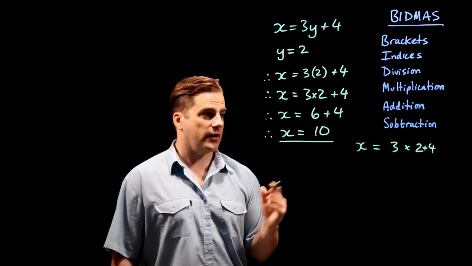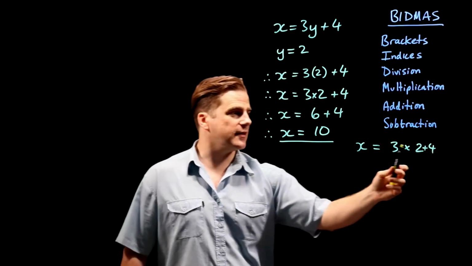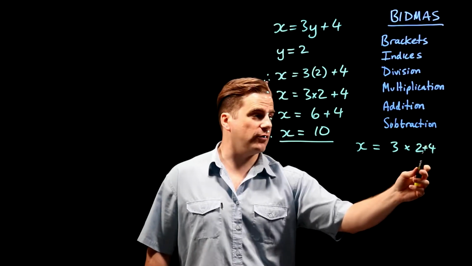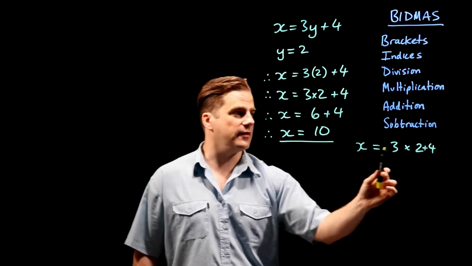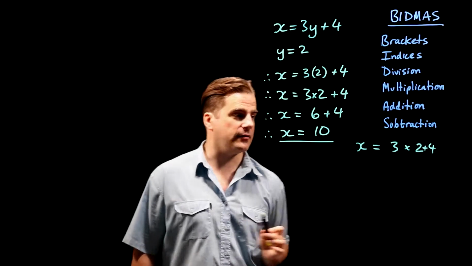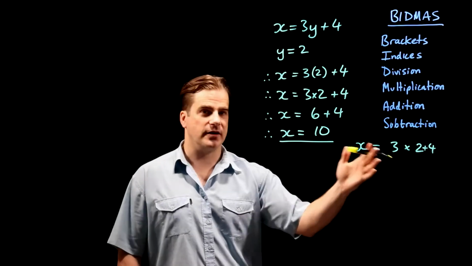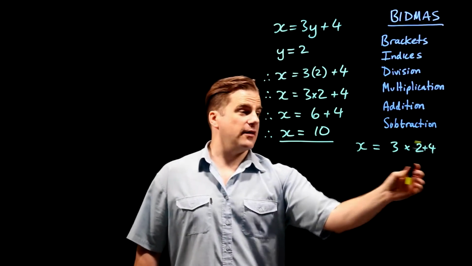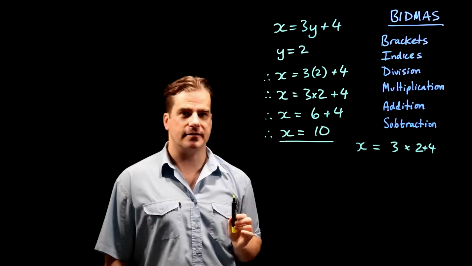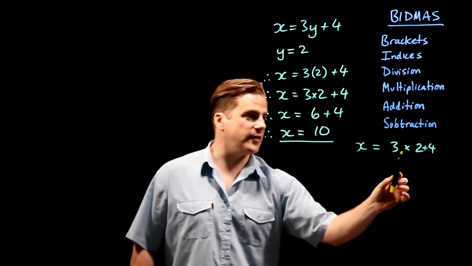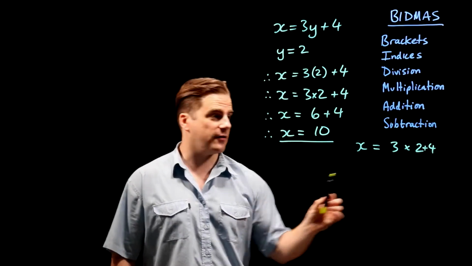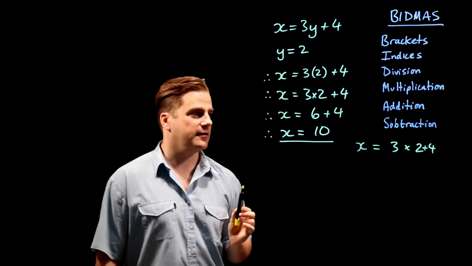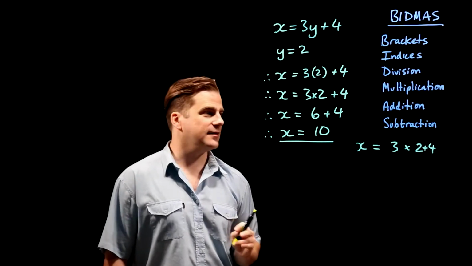What if it just so happens that they've written the 2 and the 4 and the plus all close together, and they've left more space here around the times? They might be trying to trick you. Don't fall for it. That and that are exactly the same thing. I know it looks tempting to add the 2 and the 4 together first, because look, they're so close together. But don't fall for it.